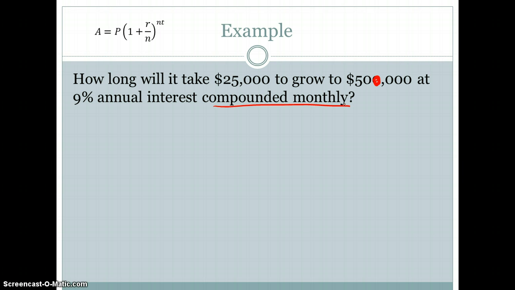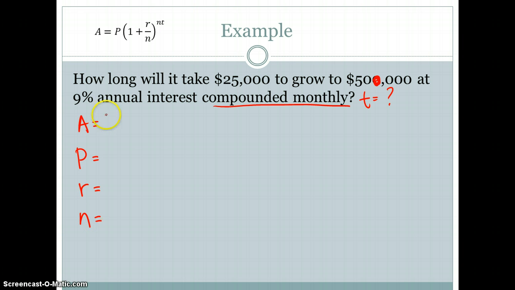We want to figure out how long that is going to take. The first thing that might be helpful is to know which variable we are solving for. We're asking how long it is going to take, so we're trying to figure out t. T equals what? So we should know what A is, what P is, what r is, and what n is.